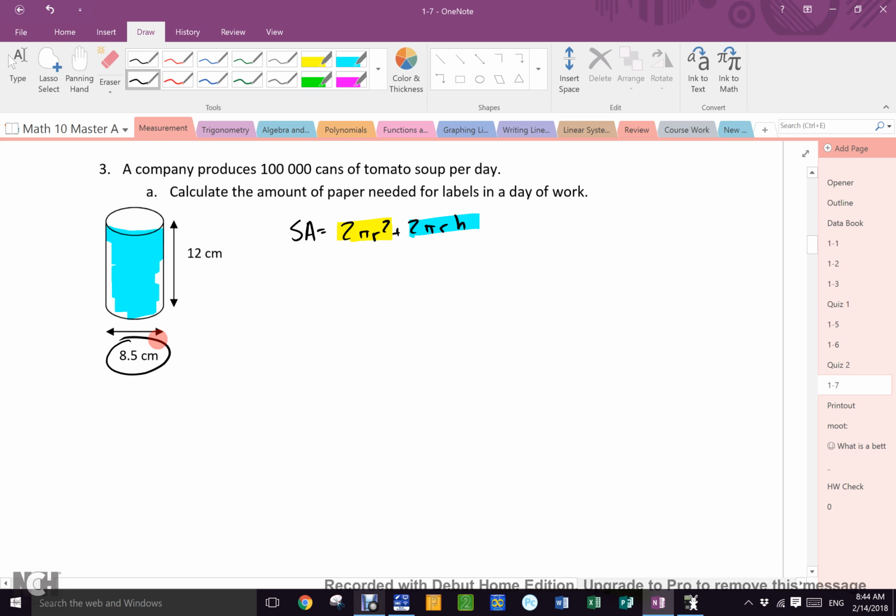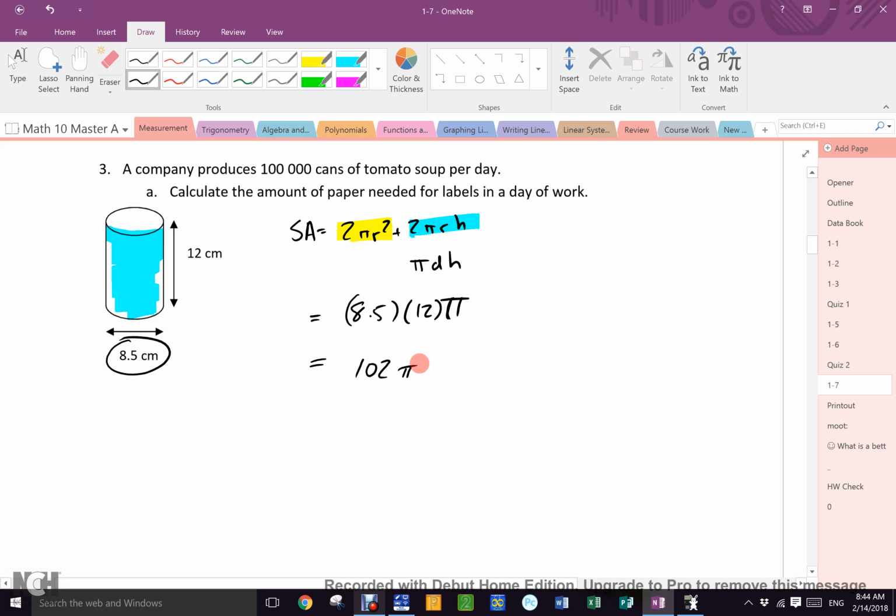So you could have just done pi d times the height. That would have been fine. And that is, what's the d? 8.5. What's the height? 12. And then pi times 8.5 times 12 is 102 pi.